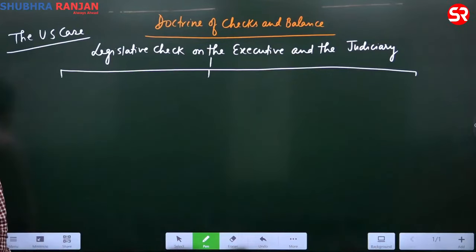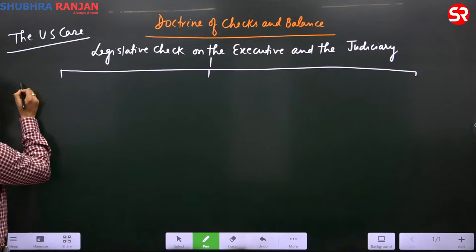So this is the first aspect, how the legislature puts a check on the executive and the judiciary in the US.